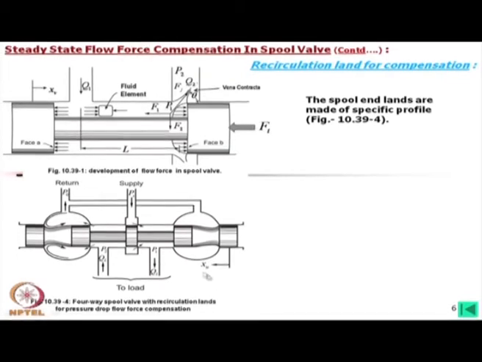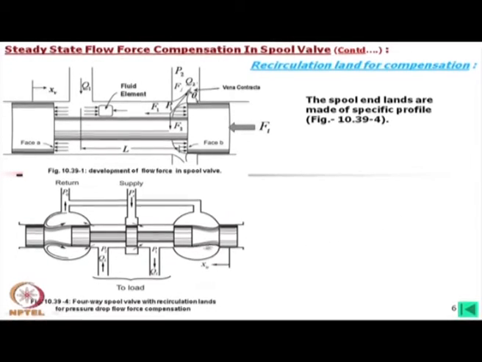Now, what we see is that whatever flow is coming, due to this profile it is recirculating. Once it starts recirculating, although here is the jet angle, due to this flow there is another force. So those forces counteract each other, and in that case the total flow force reduces.